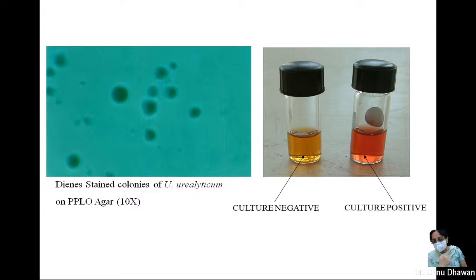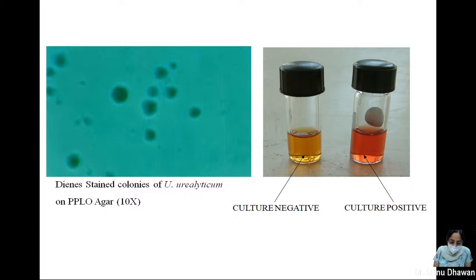So if Ureaplasma urealyticum is there, it will utilize the urea by production of the urease enzyme, and we have a pH indicator, phenol red. As a result, because of the breakdown of urea into ammonia, the pH turns alkaline and the media turns pinkish red, whereas the culture negative remains yellow straw colored media.